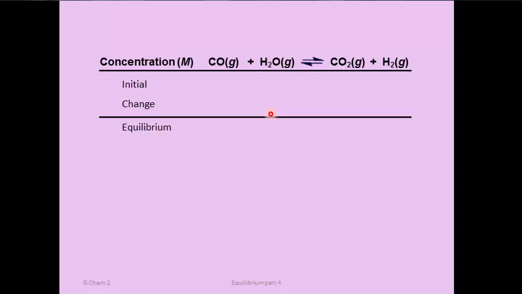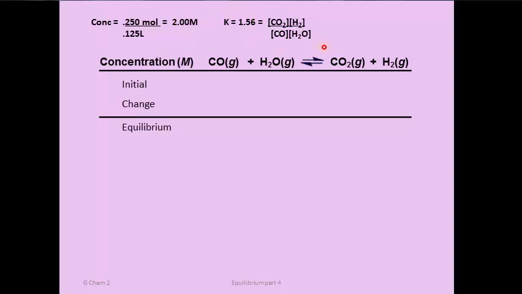So let's set up our situation. First off, we were given moles and volume, so we need to turn it to molarity, because remember, equilibrium is set up relative to either concentrations or pressures if it's gaseous. So using that same concept, we can figure out the initial concentrations of everything in the reaction.